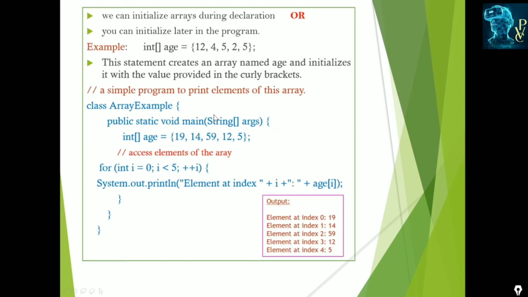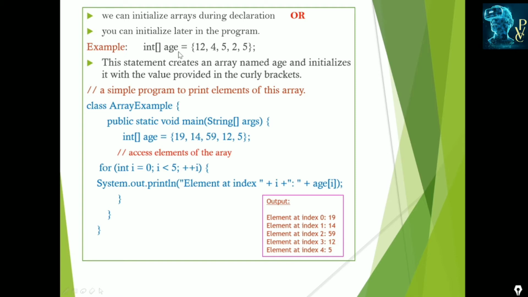Next, this is another way. We can initialize an array during declaration or later in the program. When we are creating the array like this, while declaring, we can directly initialize it here. This statement assigns different integer values to the age array, initialized with 1, 12, 4, 5, 2, 5.